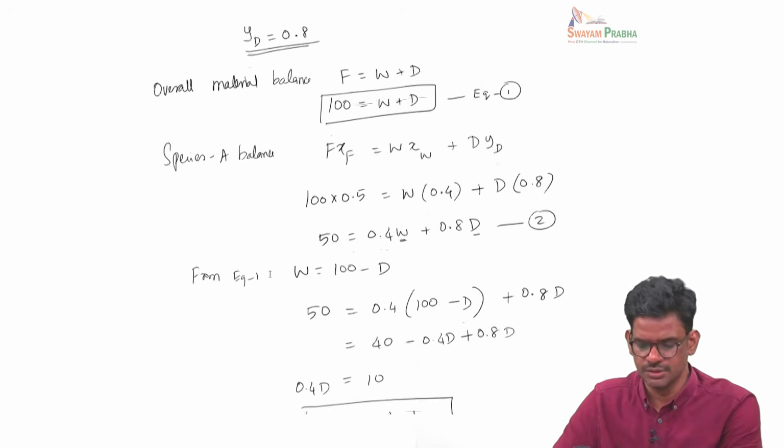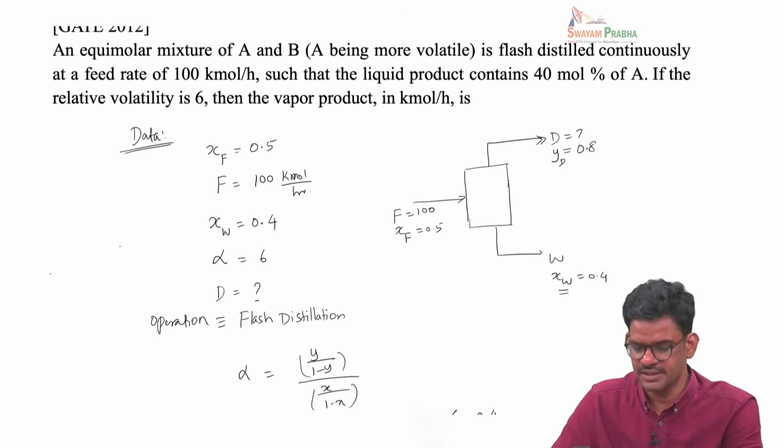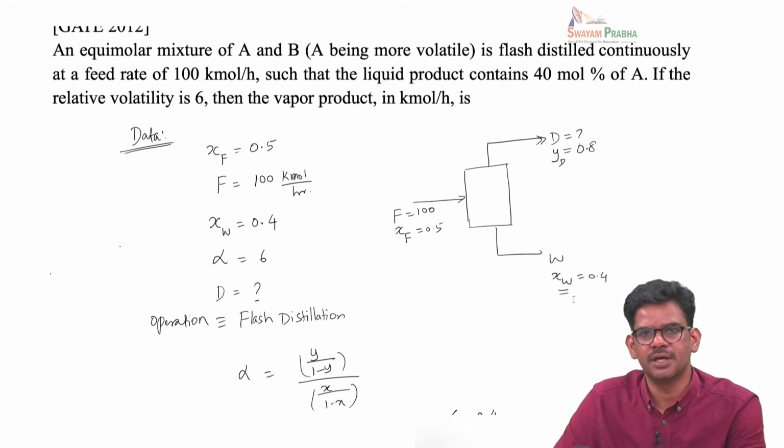Okay. So, what we have done in this problem is that it is a flash distillation, and since one of the product compositions XW is given, and we know in flash distillation this XW should be in equilibrium with YD.